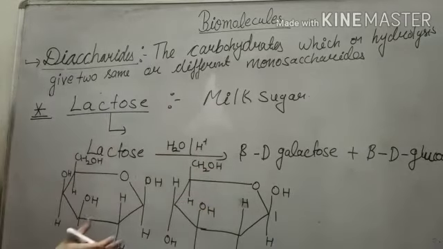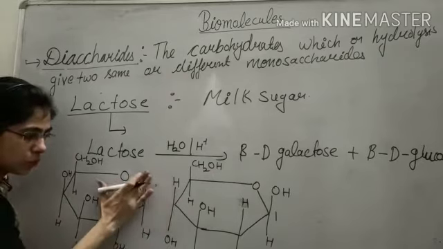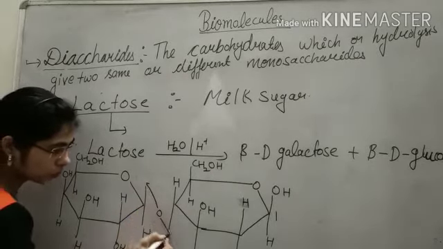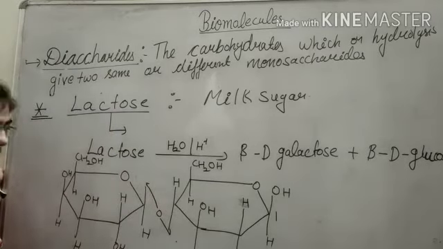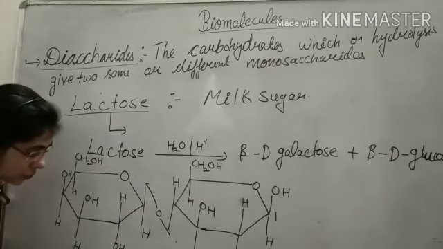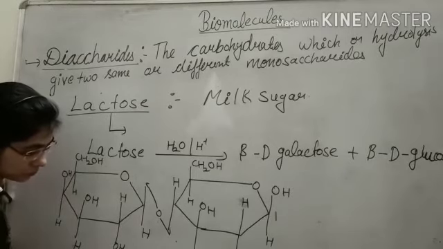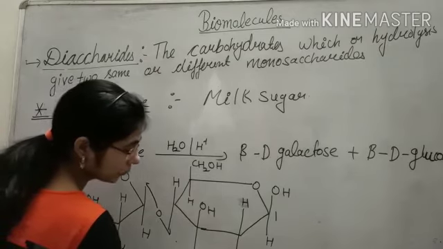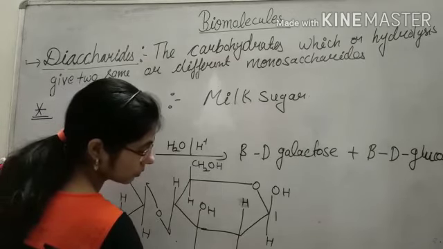And when these two units join, the loss of a water molecule takes place and these two units join through oxygen. And again it is called a glycosidic linkage, and this part is galactose and this one is glucose.